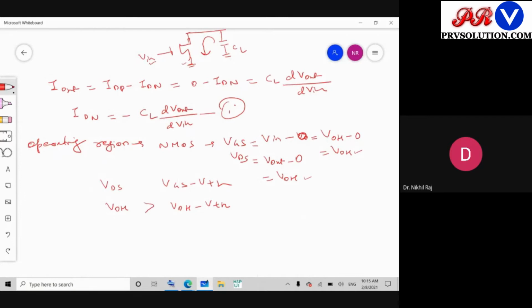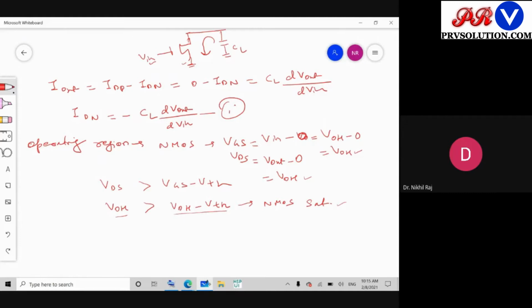That it is greater than. This means VDS is greater than VGS minus VTH. So what does this observation give? This observation gives that NMOS is in which mode? When VDS is greater than VGS minus VTH, it is nothing but the saturation region. So we got the point that NMOS will be in the saturation region.